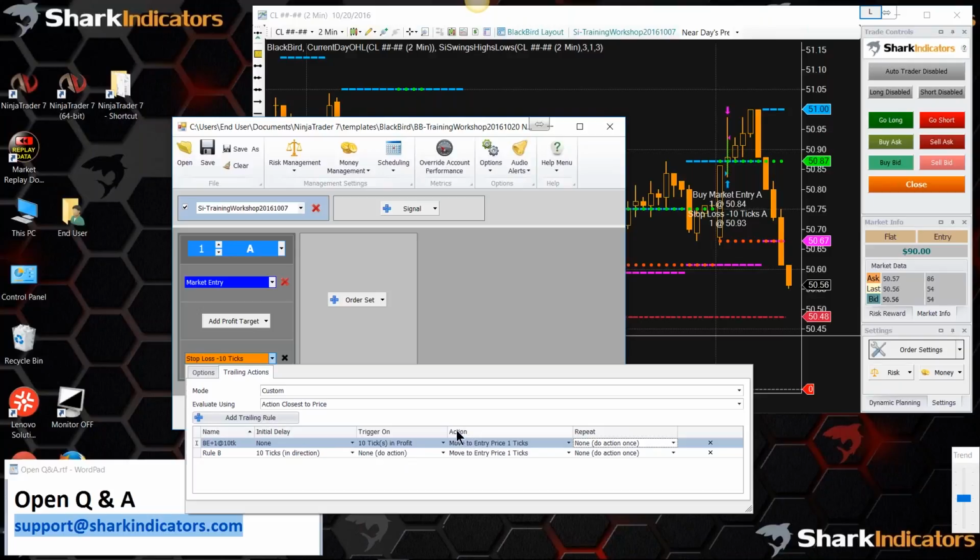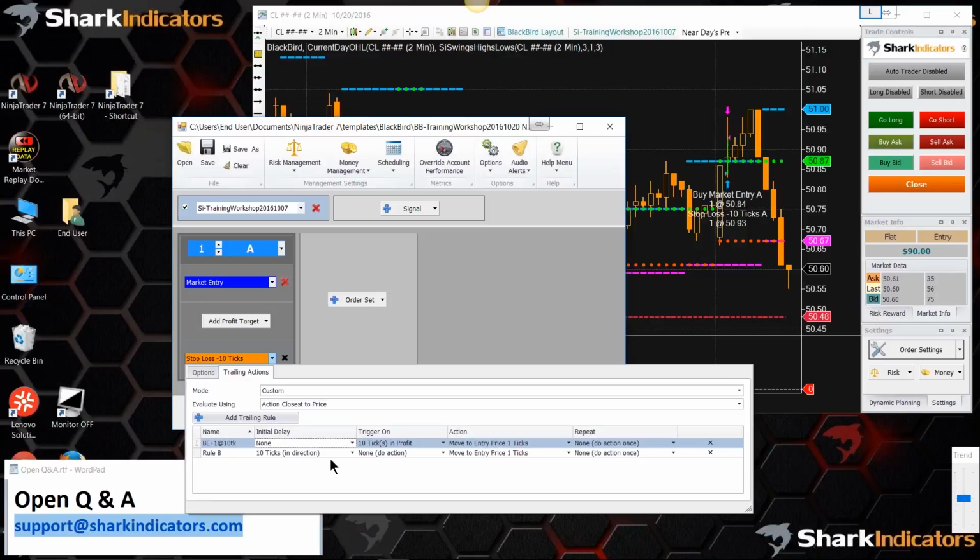So the action has to wait for the trigger and the initial delay. If there is no initial delay, we're just waiting for the trigger to occur, and then the action takes place. Then we decide how many times we want to allow this rule to repeat itself.